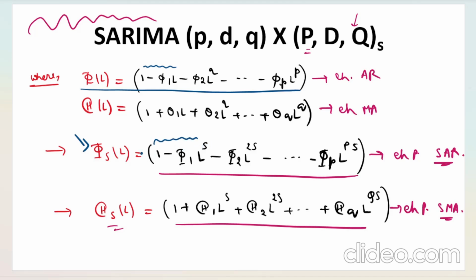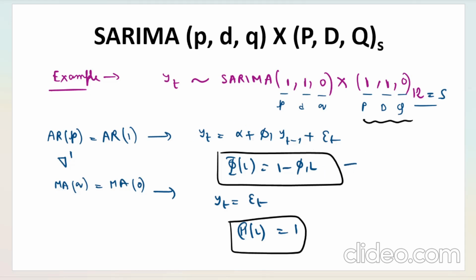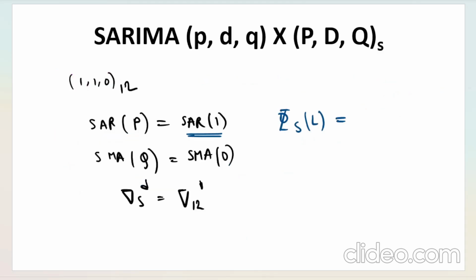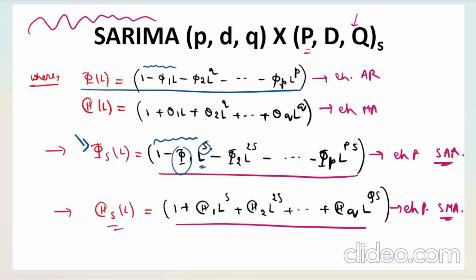Only this, because the P value is 1, so only the lag up till period S will be taken into account. So you will have only phi 1, right? If you see here, you have only phi 1, so this is basically phi 1 L, and here you will have 1 minus capital phi 1 L to the power 12. So again check, S is 12, 1 minus phi 1 L to the power 12.